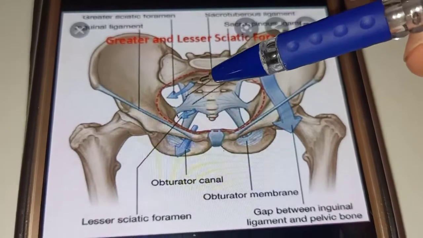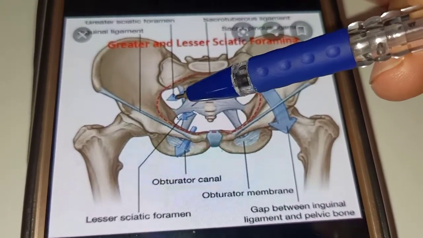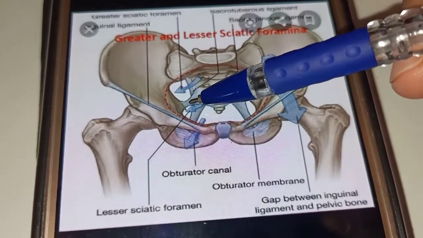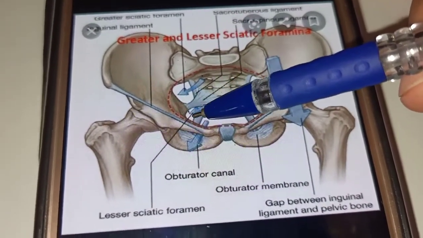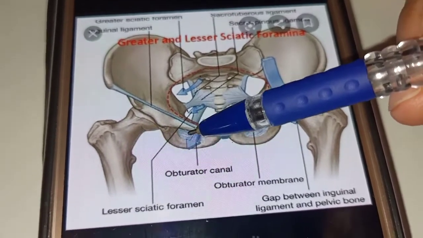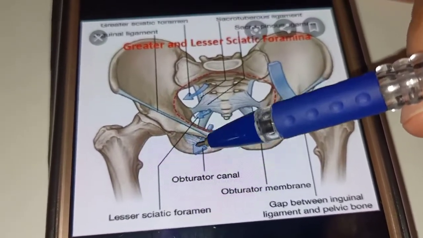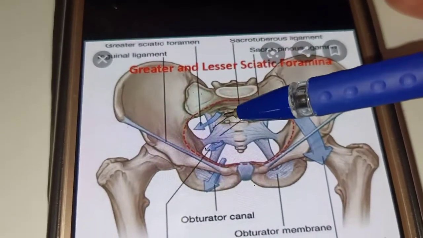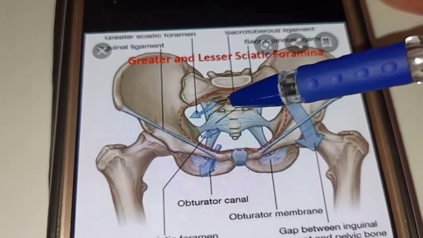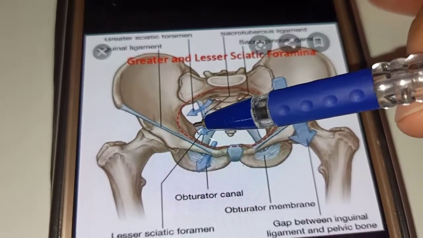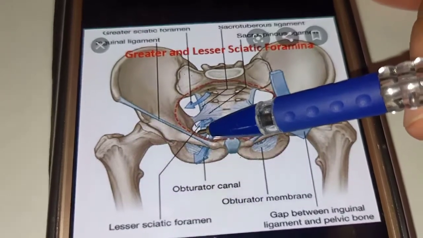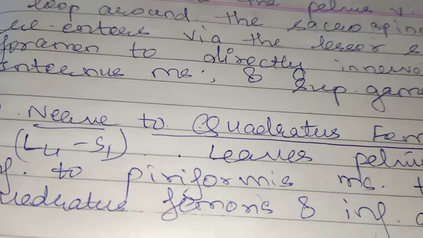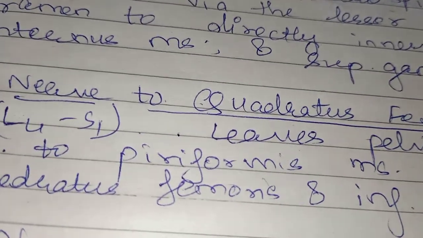The nerve arises from L5, S1, S2, goes to the greater sciatic foramen, loops around the sacrospinous ligament, and re-enters via the lesser sciatic foramen. It directly innervates the obturator internus muscle and the superior gemellus.